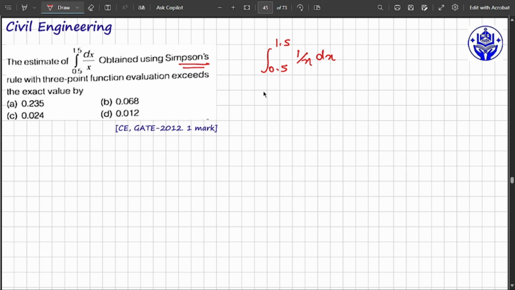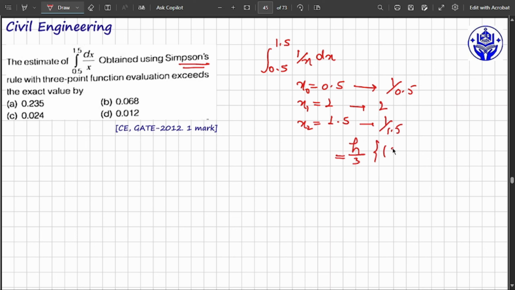First of all, you will calculate the numerical solution at the 3 points. It means x equals 0.5, x equals 1, and x equals 1.5. You will find 1 upon 0.5, it is 2, then 1, and 1 upon 1.5. So you calculate by using Simpson 1 by 3, h by 3, y0 plus y2 plus 4 into y1.